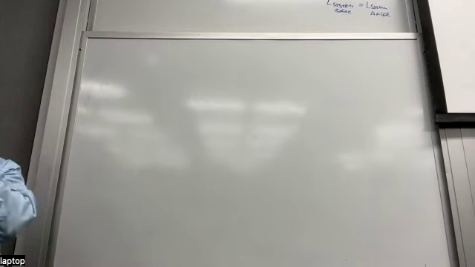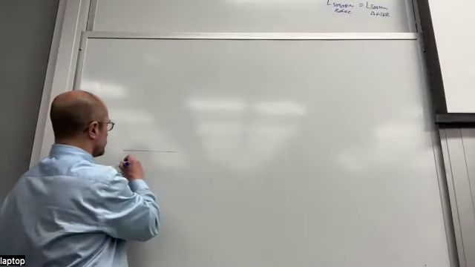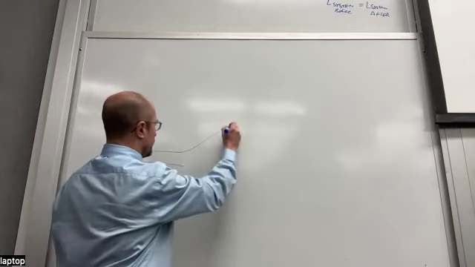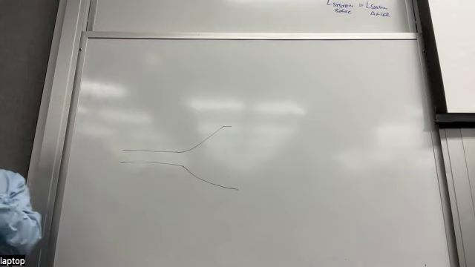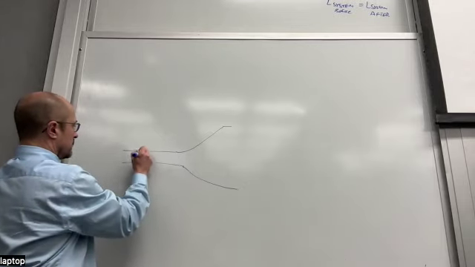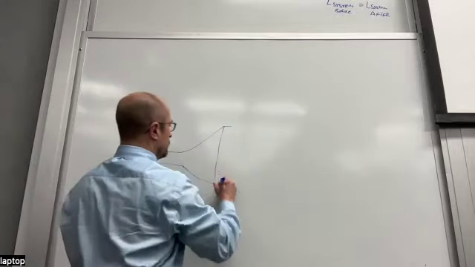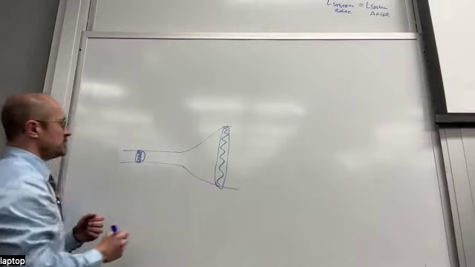So someone asked about, if you have fluid moving through a tube, and then the tube expands. I would say the first way you should look at solving this is, let's say you have some fluid moving at some speed, and then it changes.